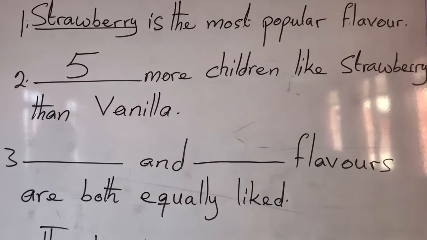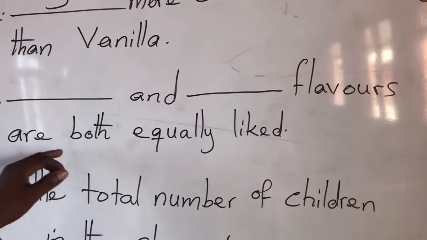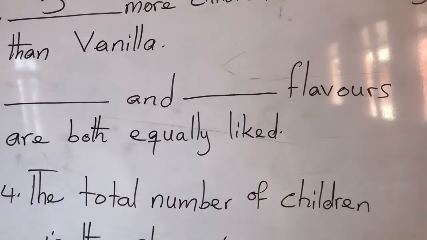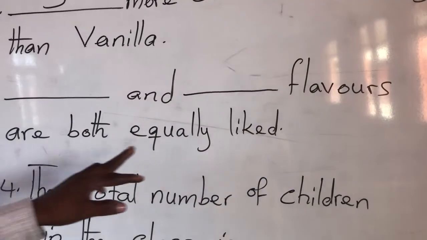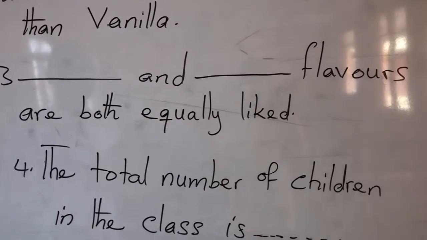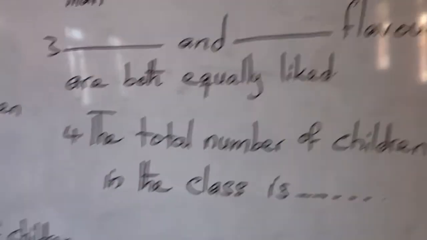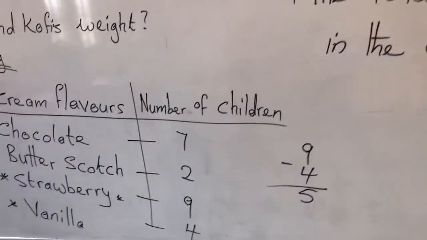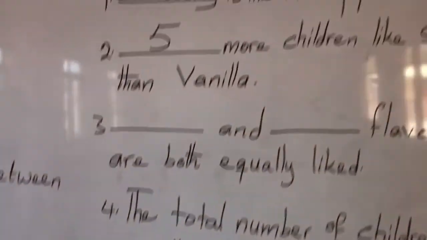Alright, look at this. Dash and dash flavors are both equally liked. They are telling us that there are 2 particular flavors that are equally liked. Let's check from the table.